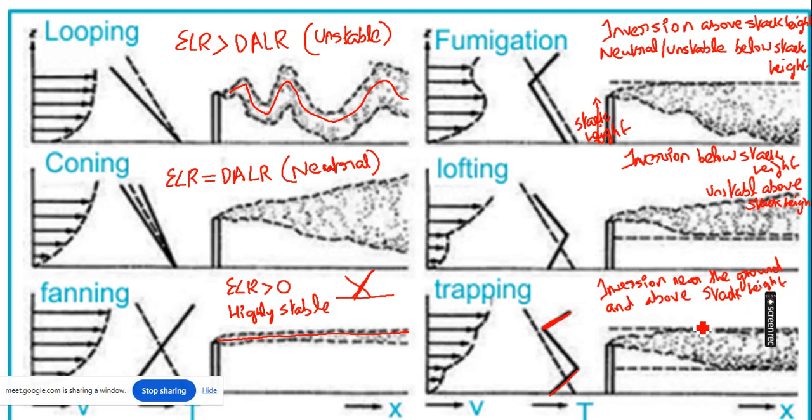Yeah, in trapping there should be two inversions, and the dispersion occurs within that unstable layer only. So in between the stable layer above and the stable layer below, there is an unstable layer in between. So the pollutants disperse within this layer only. So this is what happens in case of trapping. So this is the sixth one. So there are basically six different plume behaviors based on the stability conditions. I hope it is clear what the different stability conditions and the different plume behaviors are.